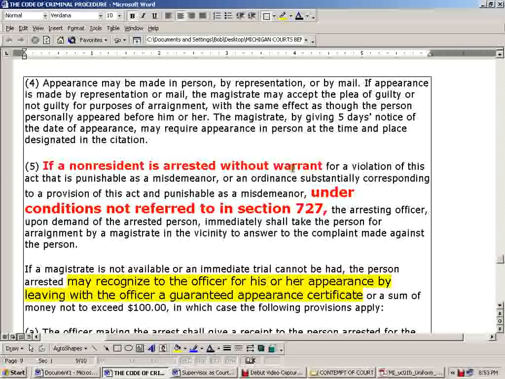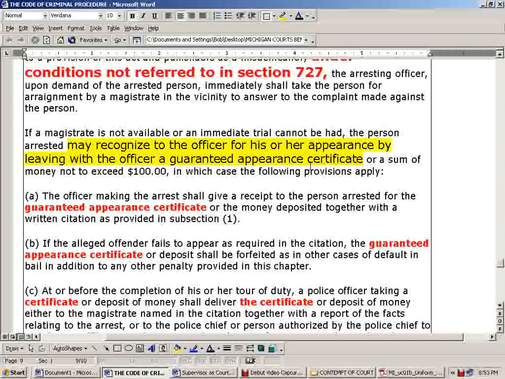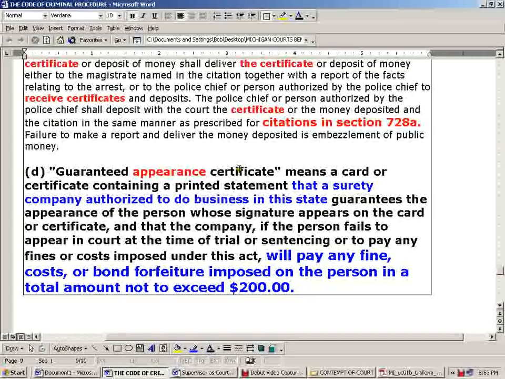Well, here's another. What is this thing here? A guaranteed appearance certificate means a card or certificate containing a printed statement that a surety company authorized to do business in the state guarantees the appearance of the person whose signature appears on the card or certificate, and the company, if the person fails to appear in court at the time of trial or sentencing, or to pay any fines or costs imposed in this act, will pay any fine, cost, bond, forfeiture imposed on the person in the total amount not to exceed $200.